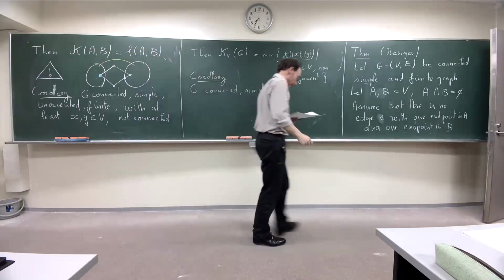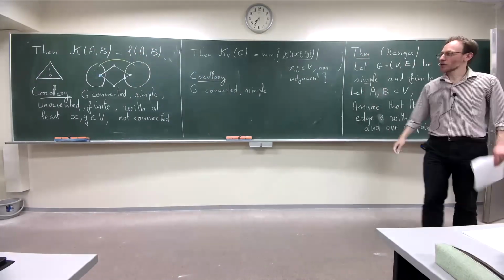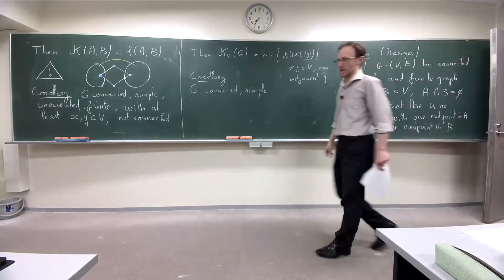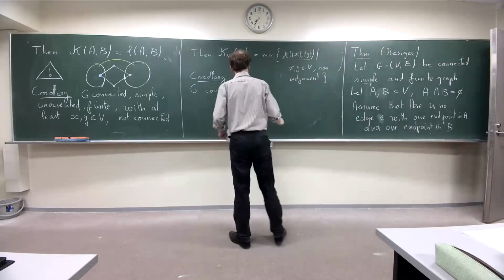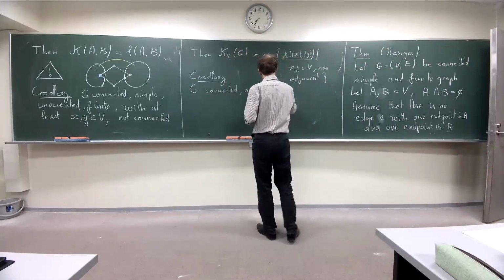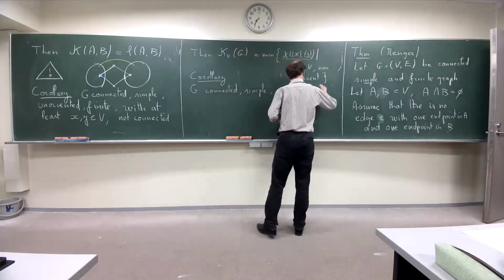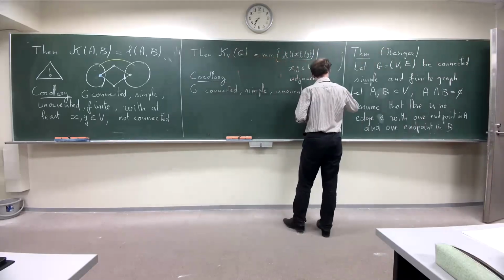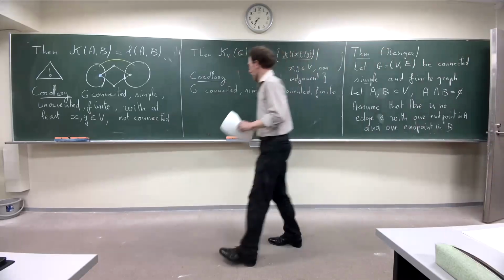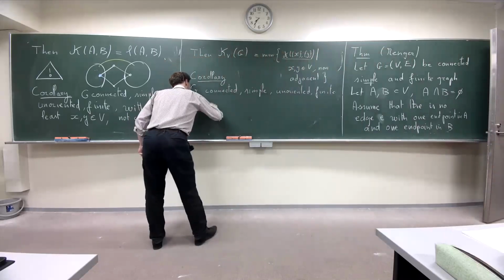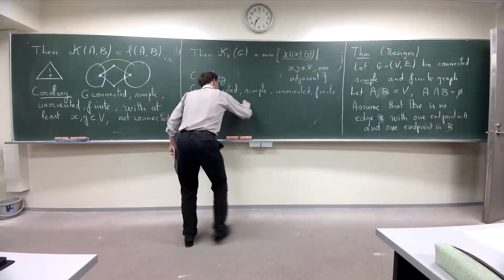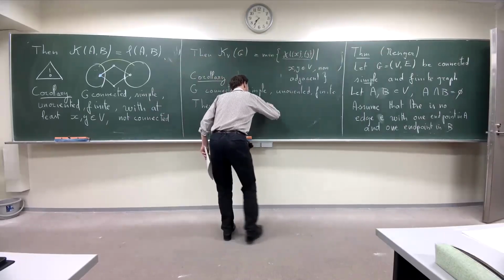You can check that these statements are not correct if G is not simple. G connected, simple, unoriented, finite. Then G is K-connected.